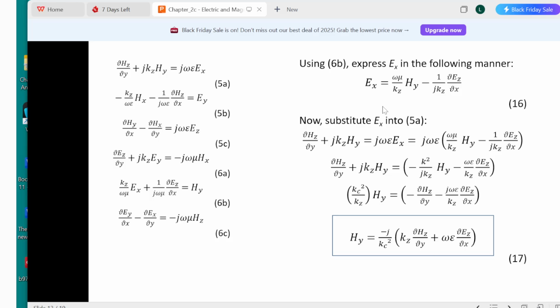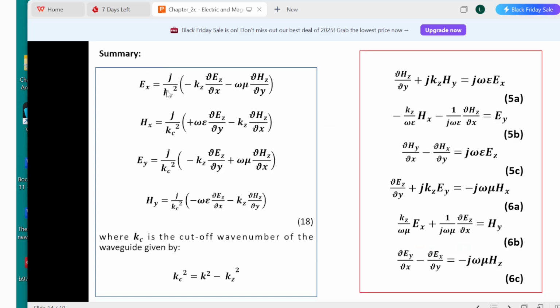And substitute E of x into 5a, which will end up with the magnetic field in the y direction, h of y, and we will get this, and we can do the same for all other components. So as a result, we will get a very, very shortened set of formulas for the transverse field components.